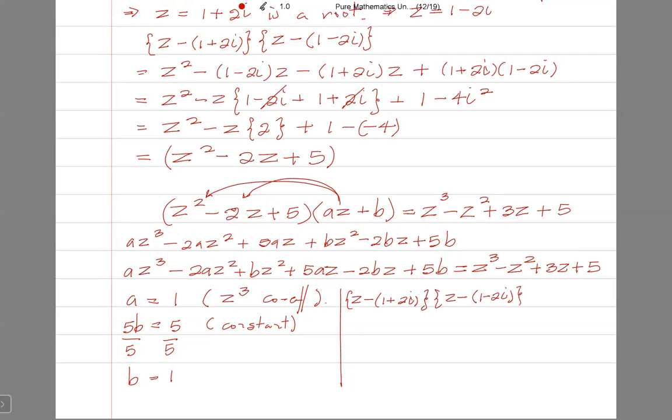Those are two of the roots. Now multiply by what? A is 1 and what? B is 1. So this is this factor now, z plus 1, and this now is equal to 0. It means therefore that z is equal to 1 plus 2i, z is equal to 1 minus 2i, and z is equal to minus 1. Those are the solutions of the equation.